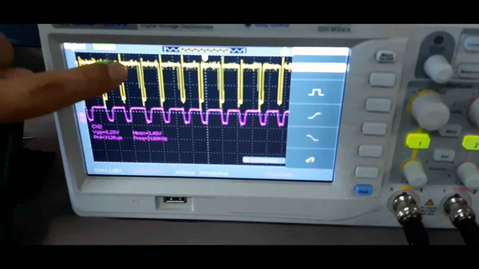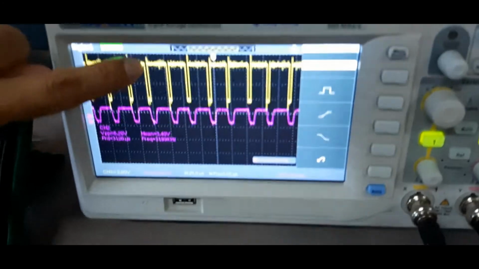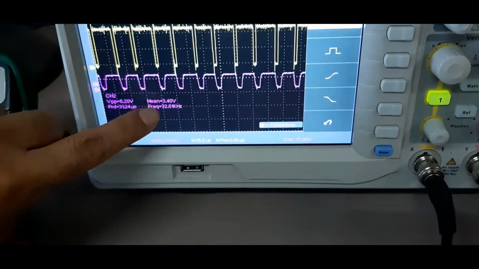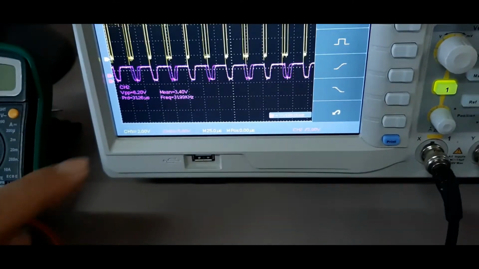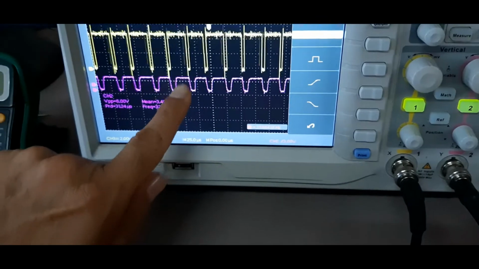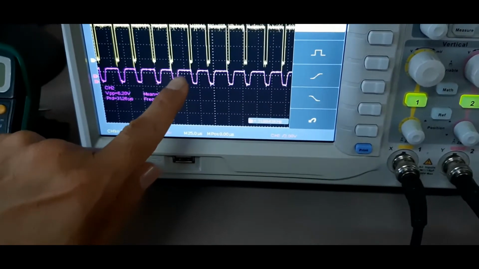The start of the conversion takes place from this negative going pulse, and the end of the conversion is denoted by the rising edge of this pulse train.